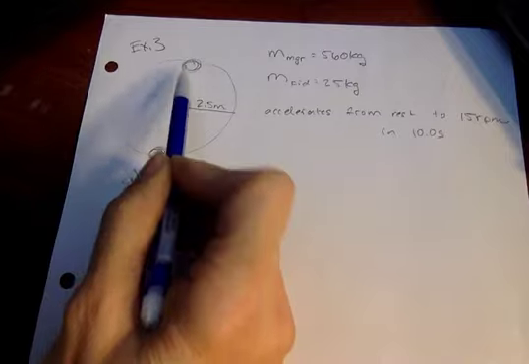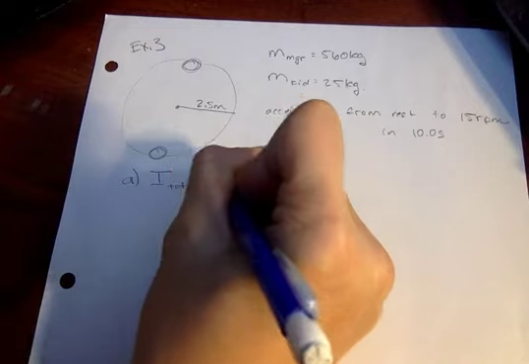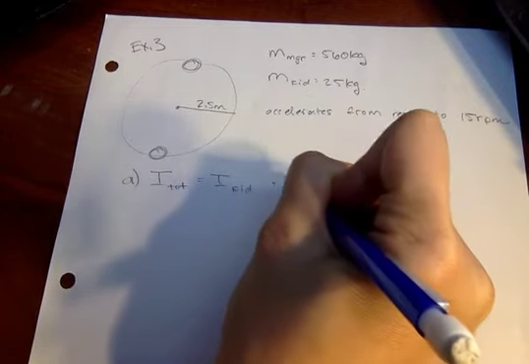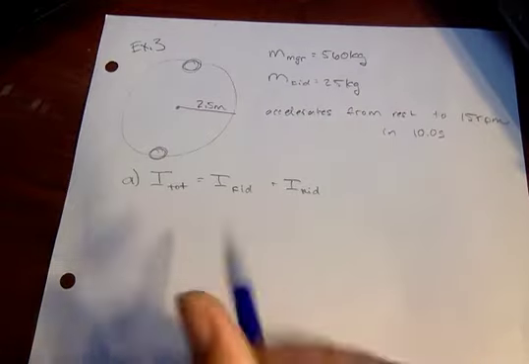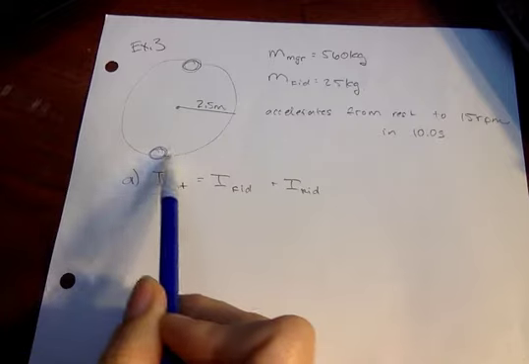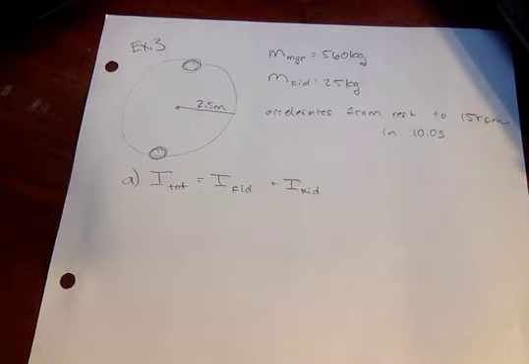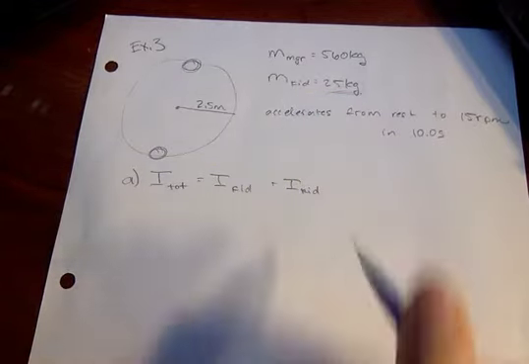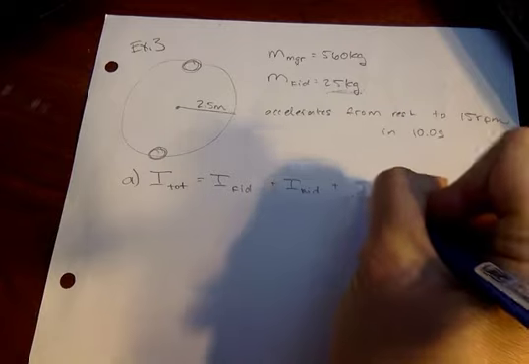I have 2 kids, so I'll say I kid plus I kid. I'm not going to label these as kid 1 and kid 2 because they have the same mass. Plus the rotational inertia of the merry-go-round.